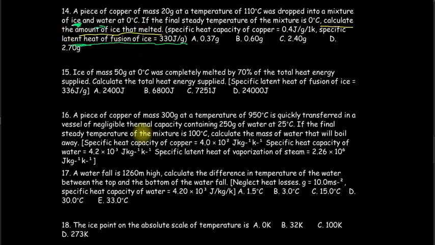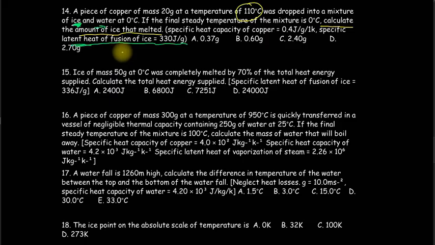No additional energy is needed to convert ice to water at 0 degrees. That means no energy was lost from the copper that was dropped into the mixture of ice to convert it to water.